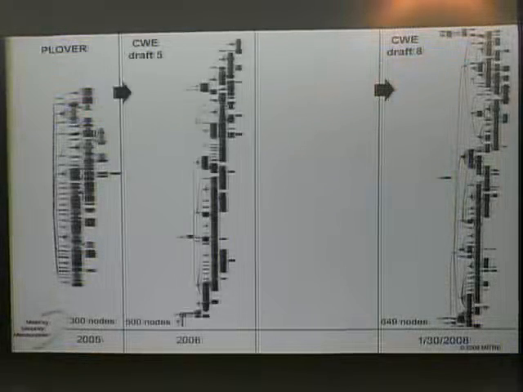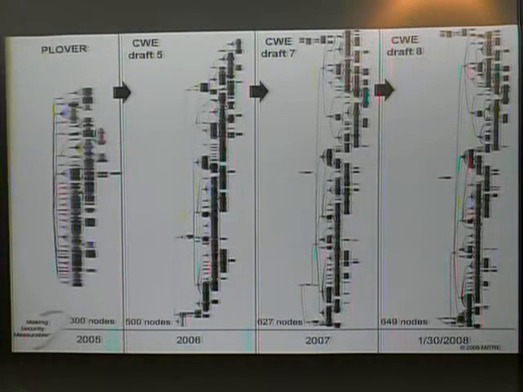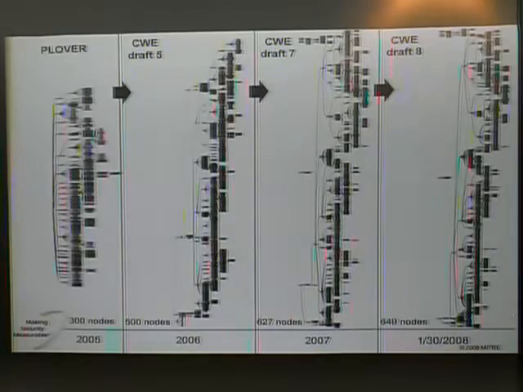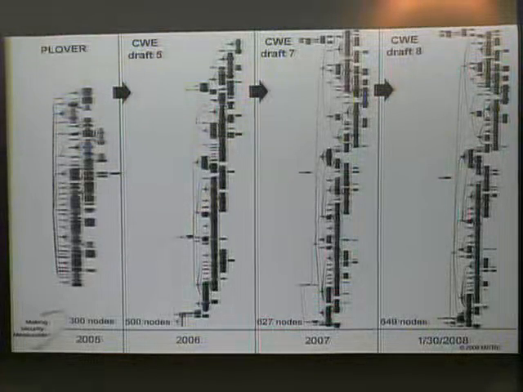So we started out with Plover, and then in 2006 we had another draft, 2007, now we're up at 2008. These are all called drafts because in a precision, really fully vetted thing that you can rely upon and every piece is as strong as every other, we're not there yet. But we're getting close. We hope to get to release 1.0 this year, in fact this summer.